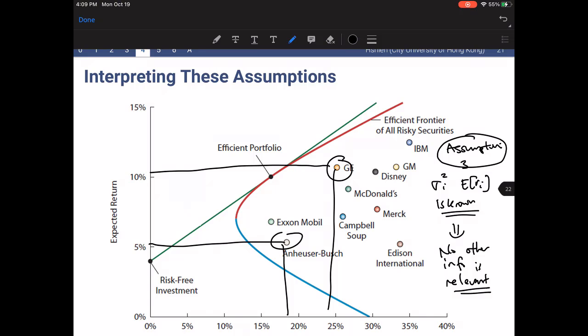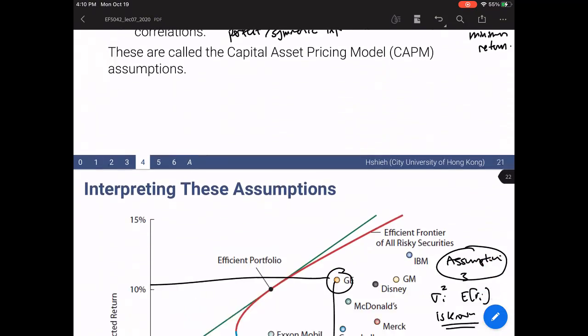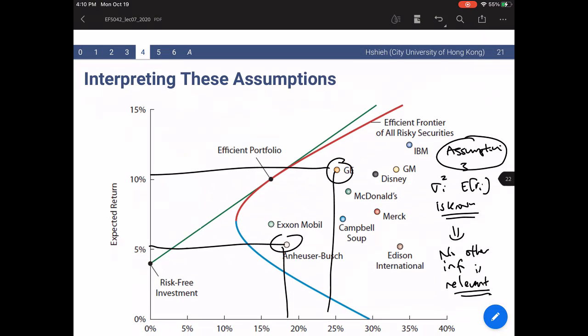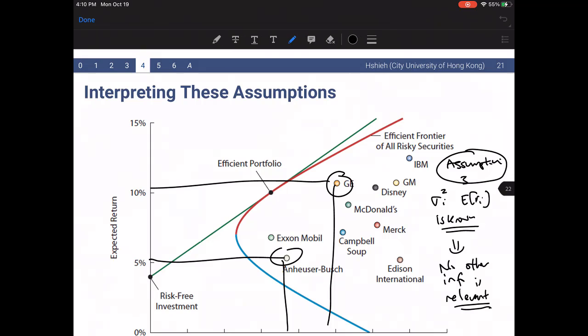All right. This is assumption 3. Assumption 2 means investors are holding efficient portfolios, and that basically means that everyone is holding a portfolio on this green line, right?